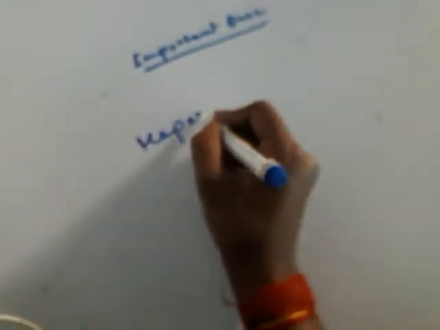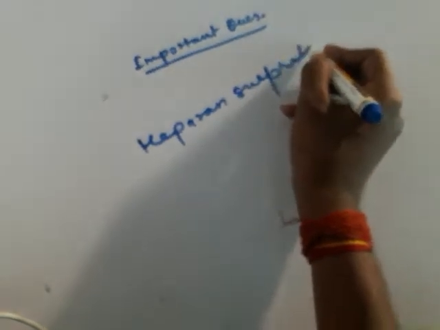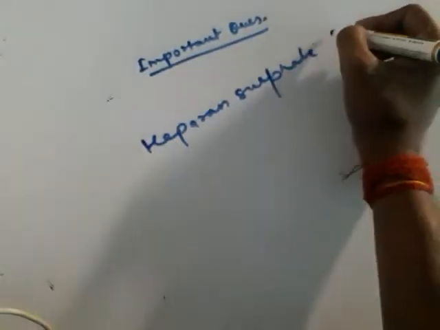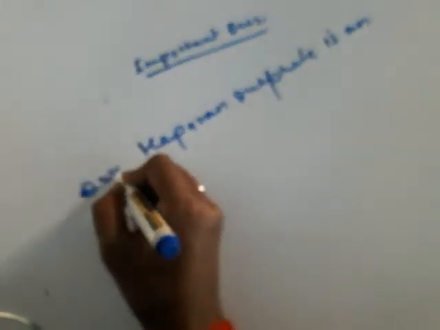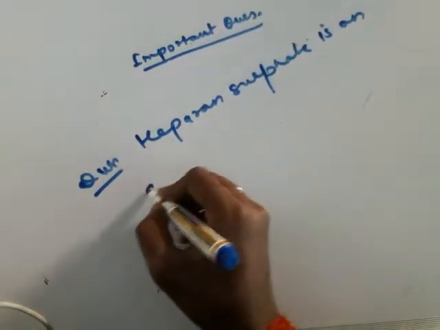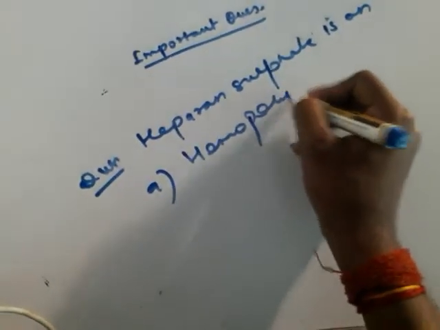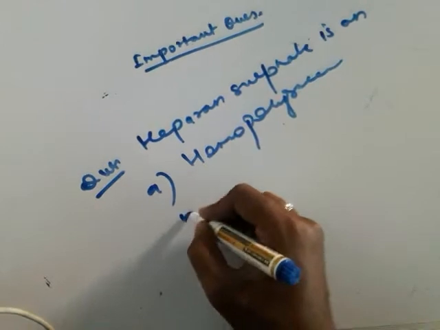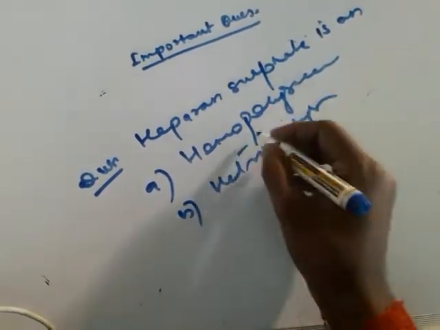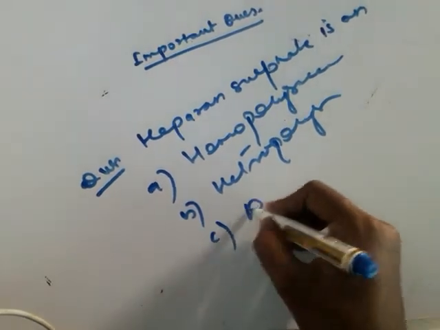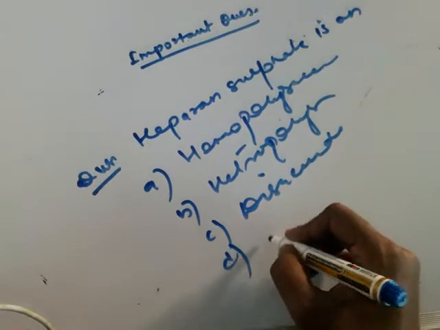The next question is: heparan sulfate is an, okay, first option A, homopolysaccharide; B, heteropolysaccharide; C, disaccharide; D, none.